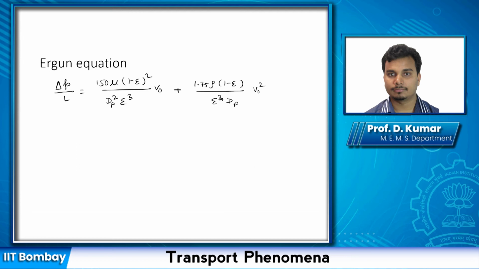Okay. So this equation covers the entire flow regime, and you can use it to calculate the pressure drop. This is known as the Ergun equation.